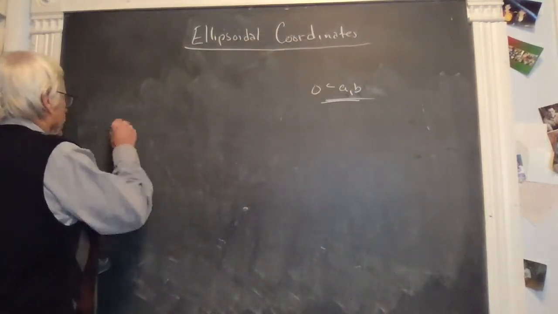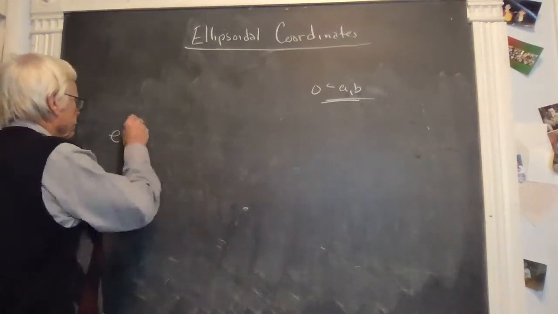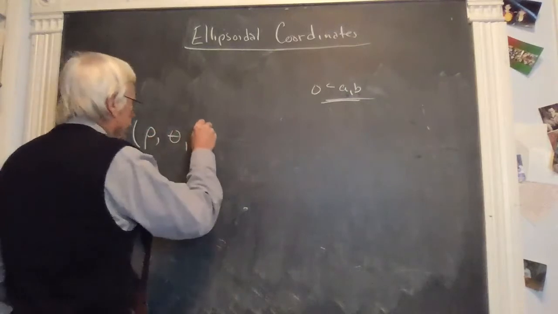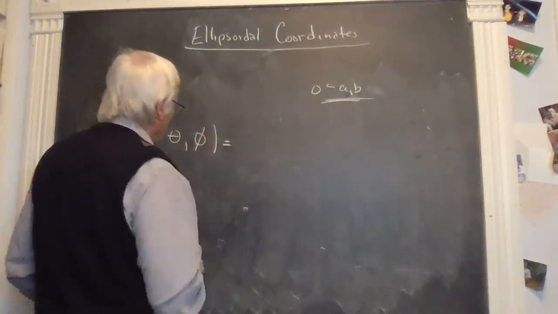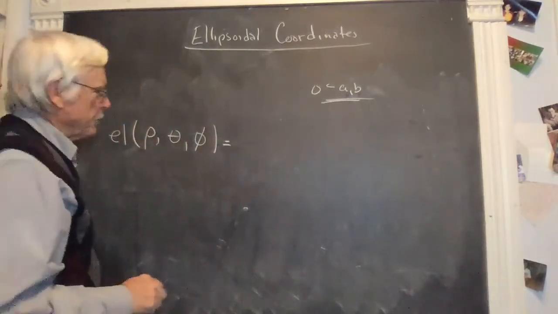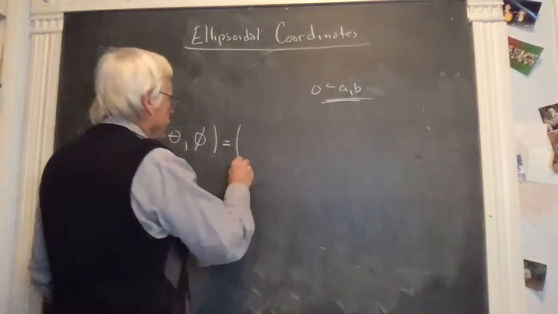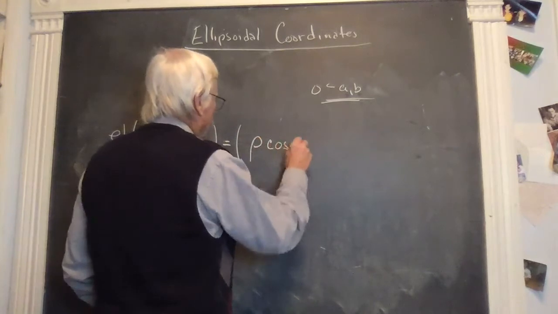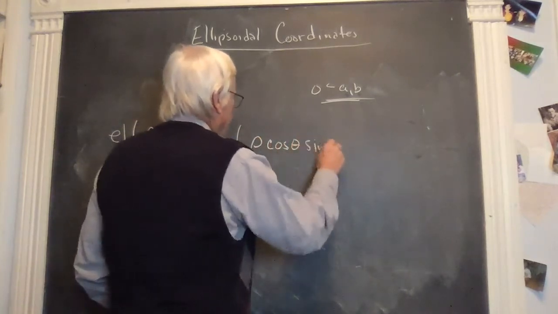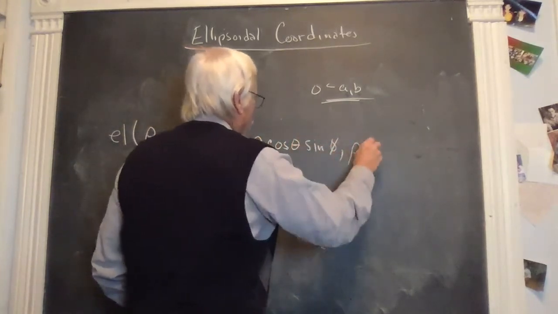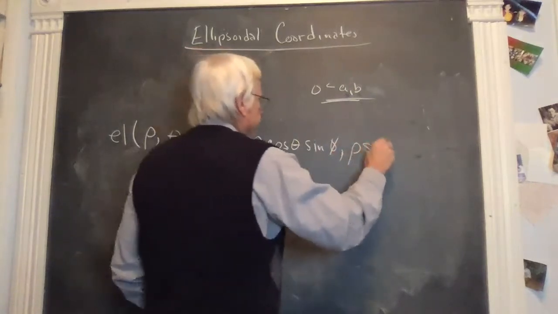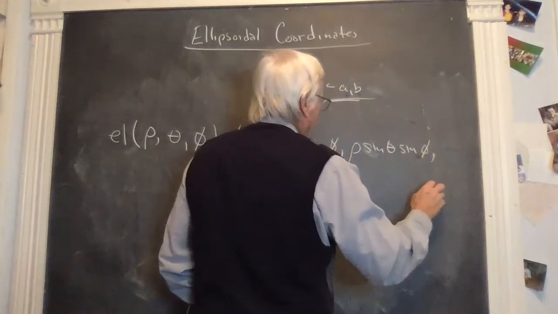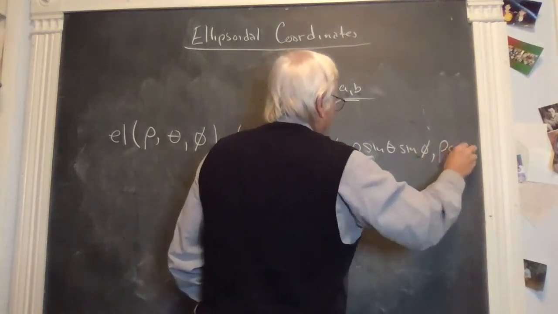So we'll look at an ellipsoidal system, and I'll use rho, theta, and phi this time. I'm going to begin with the spherical coordinate system that we just did. So this would be cosine theta sine phi, rho sine theta sine phi, and rho cosine phi.